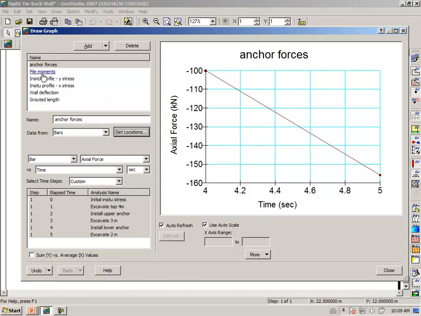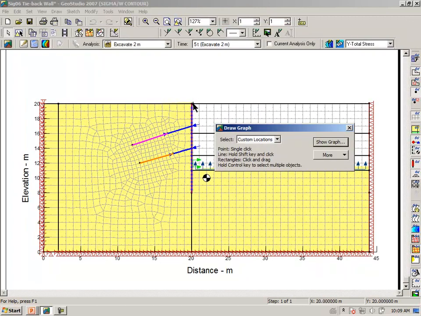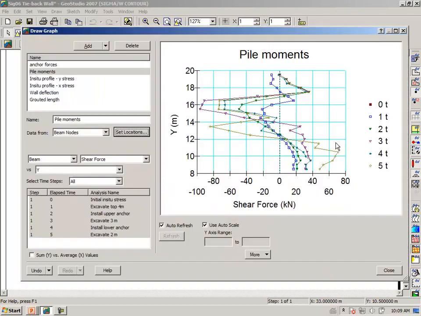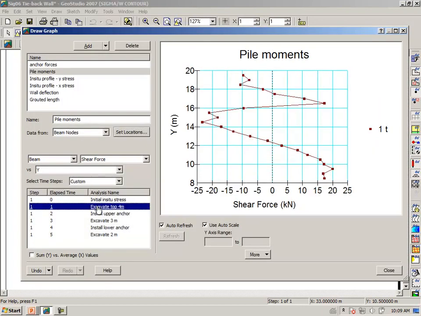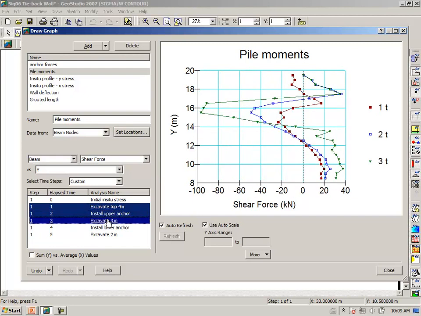We can also look at the moment distribution in the sheet pile wall. We can say set location, and once again the location is the sheet pile wall. And here is the moment distribution in the sheet pile wall when we install the upper anchor and then make a middle excavation.